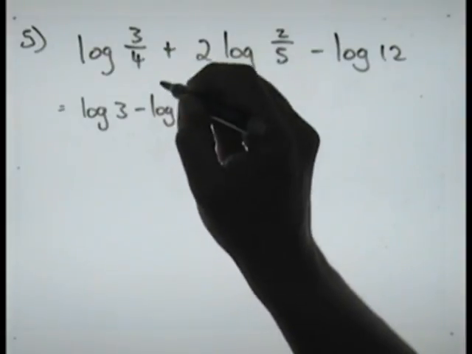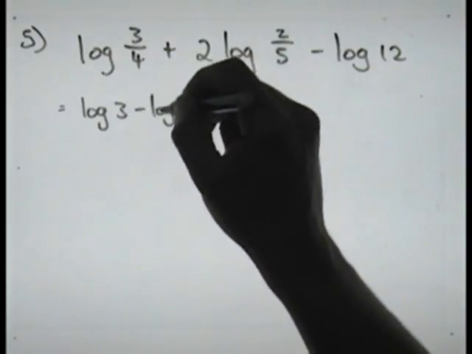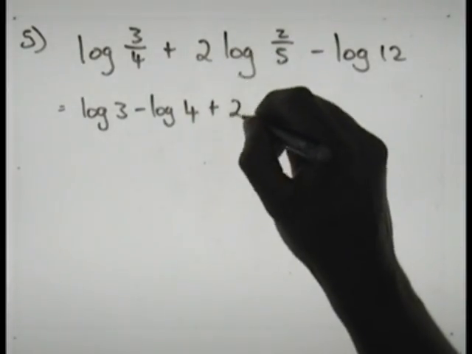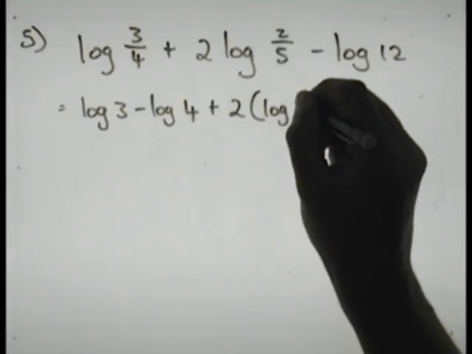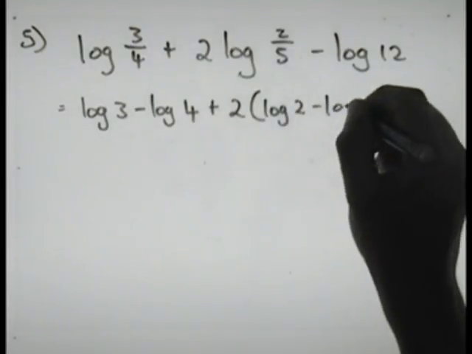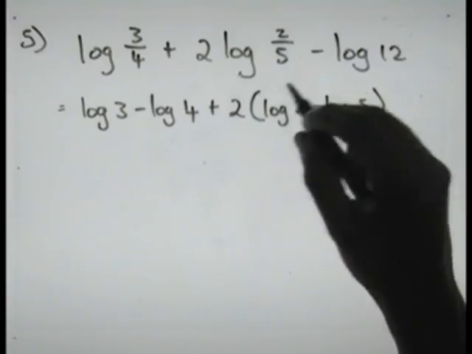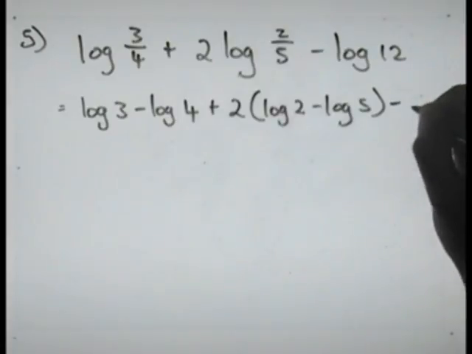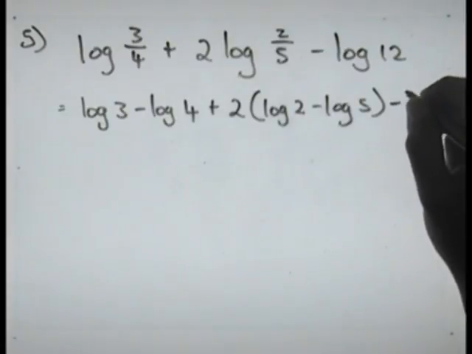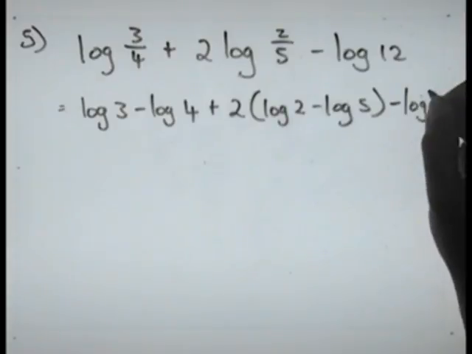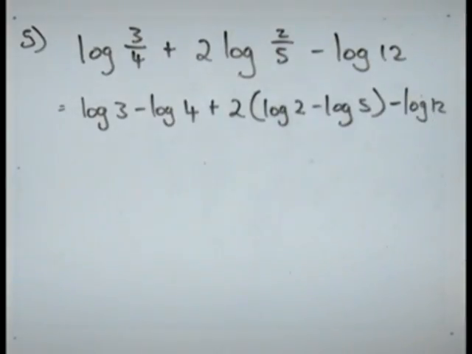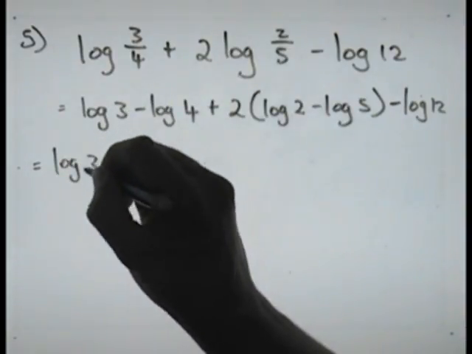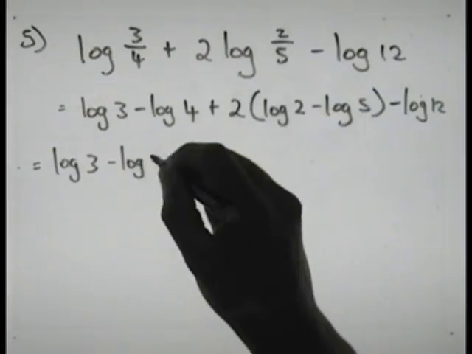That first one over there, I'm going to turn it into log 3 minus log 4 plus 2 times log 2 minus log 5, from log 2 over 5, minus log 12. I'm going to leave it for now as minus log 12. Alright, log 3 minus log 4, let's just leave this as log 3 minus log 4.